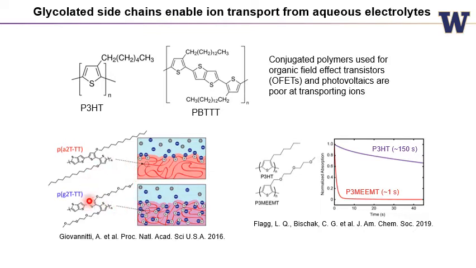What this does, in a paper by Jonathan Rivnay and Alex Giovannitti, is change the doping mechanism. Instead of just having a surface level of doping, you actually get ion injection into the bulk of the polymer. Also, recently we've shown that if we glycolate the side chains of a polymer like P3HT, we get much faster ion injection into the polymer.